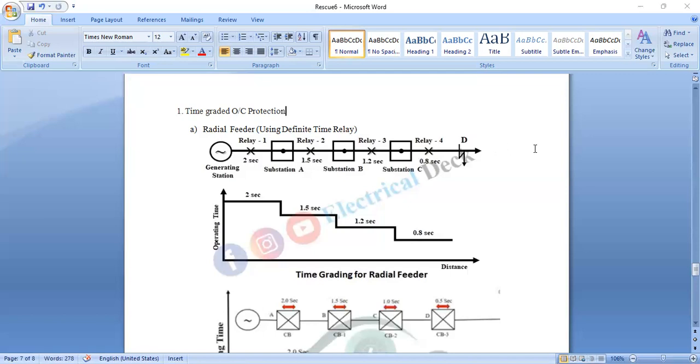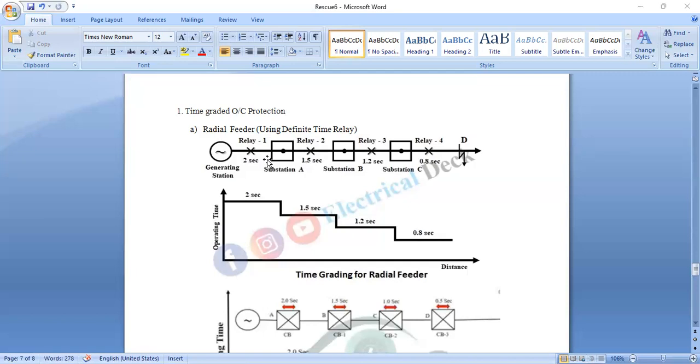That means the relay nearest to the end of the line has the minimum time setting, while the time setting in other relays successively increases towards the source.